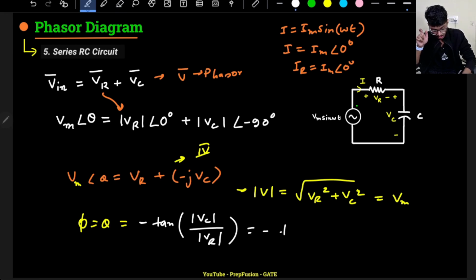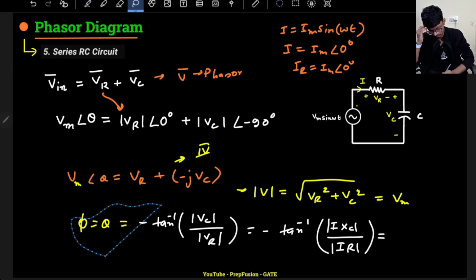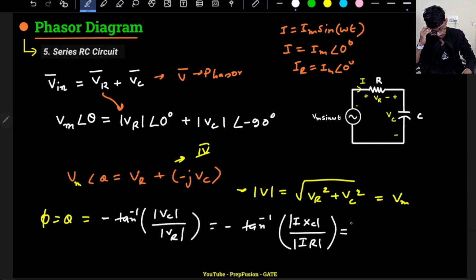So it is tan inverse of I into Xc divided by I into R. So this will be minus tan inverse of Xc divided by R. This is how you can calculate.